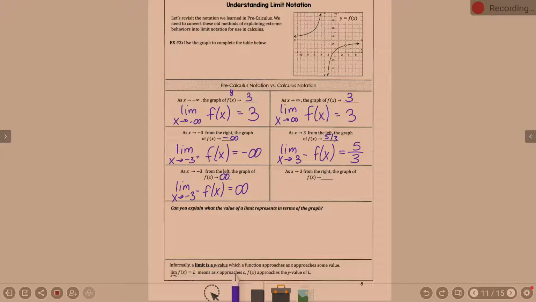And lastly, as x approaches 3 from the right, what are we approaching? Back to that 5/3. So the limit as x approaches 3 from the right, so don't forget the plus sign like I almost did, of f of x equals 5/3.